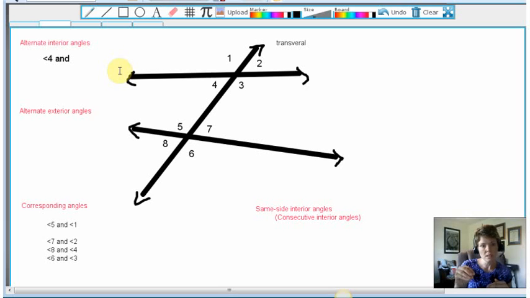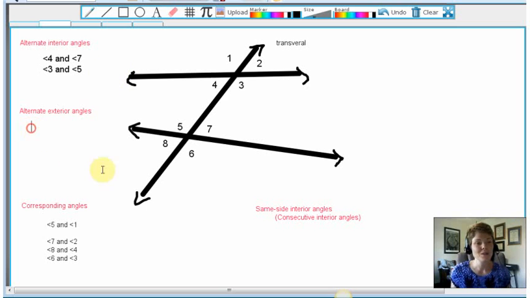Those are interior. 4 and 7. Okay, and then can you name them? 3 and 8? No. 3 and 5. I was making sure you were paying attention. 3 and 5. 8 is not an interior angle. 8 is an exterior angle.